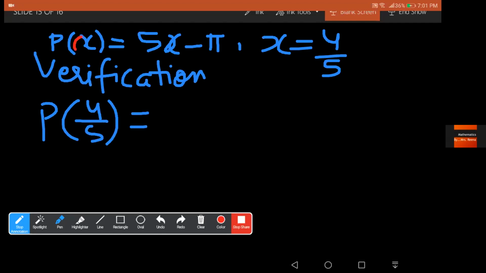This x will be replaced by 4 by 5. ठीक है, तो ये वाले x की जगह भी 4 by 5 रखना होगा.